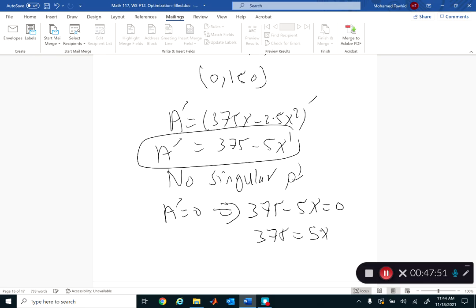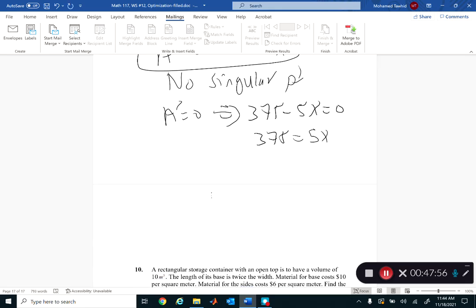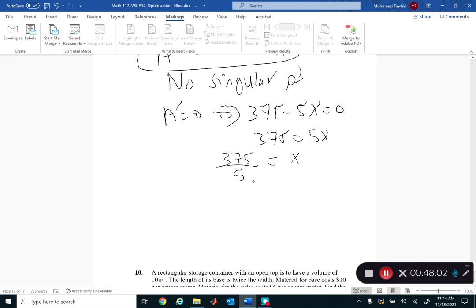What is your x? Just go ahead and solve this one. Your x here is 375 over 5. If I use technology for this, I get x equal 75. All right. So now, do we have minimum or maximum?